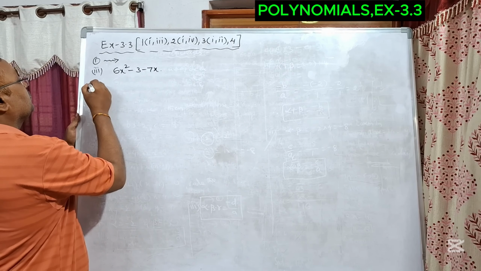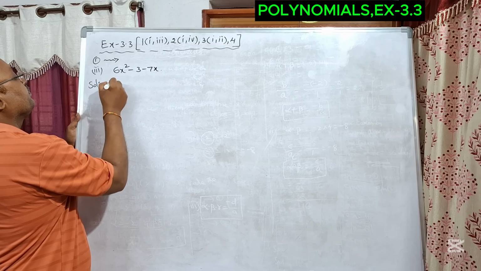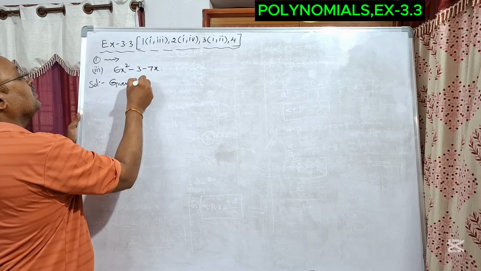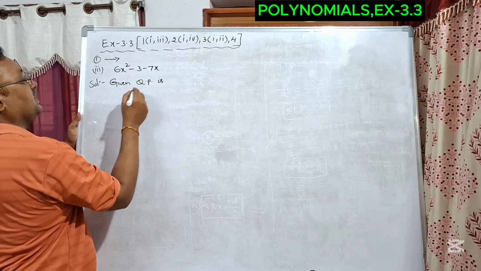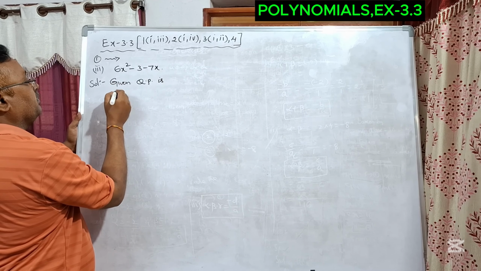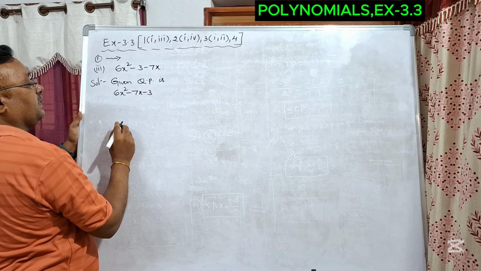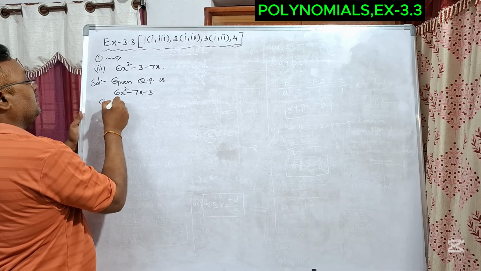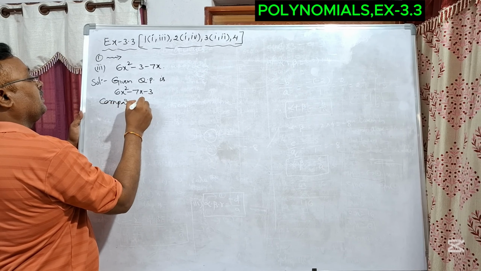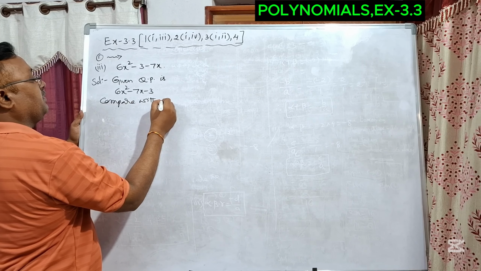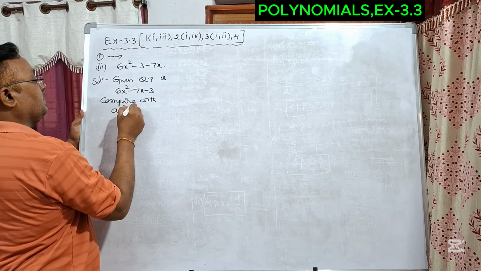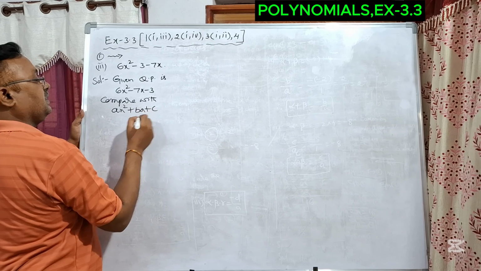Okay. So solution: the given quadratic polynomial, rearrange this one in the proper way: 6x square minus 7x minus 3. Compare with ax square plus bx plus c.